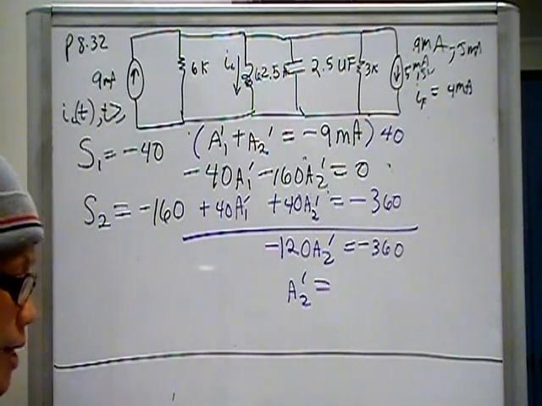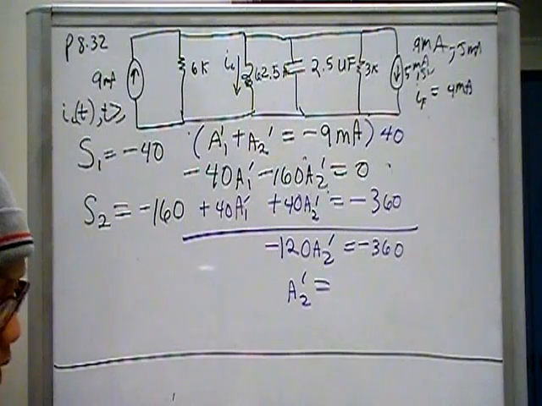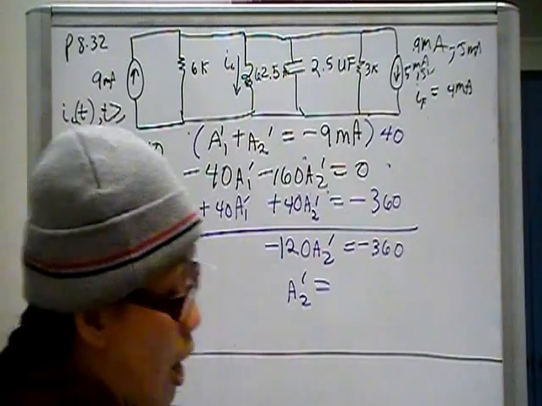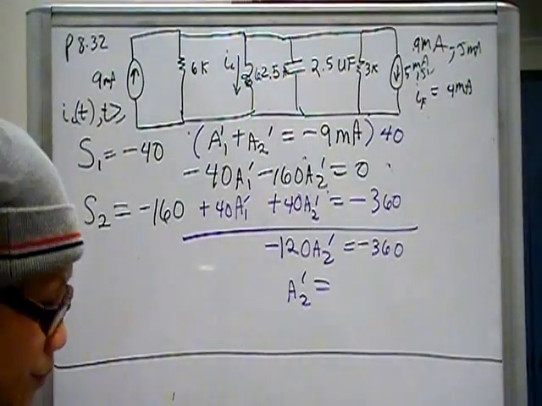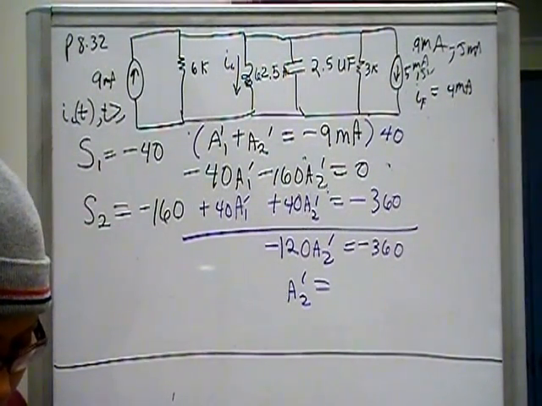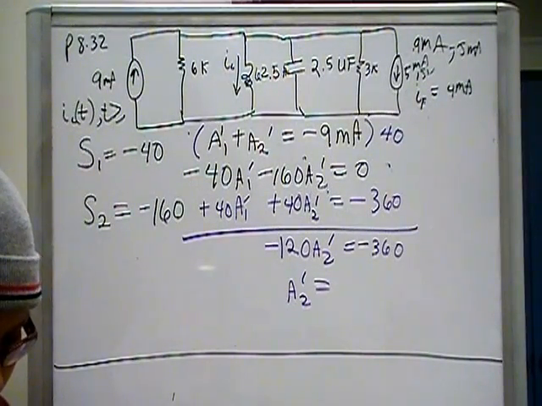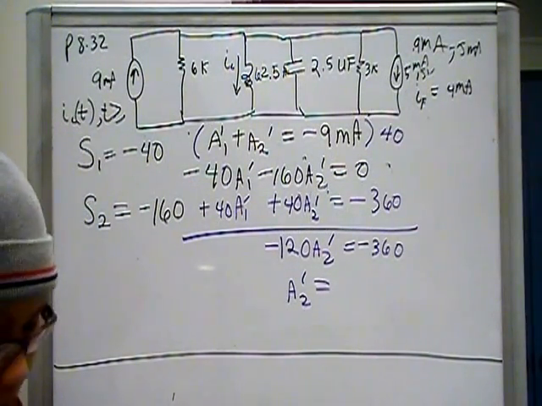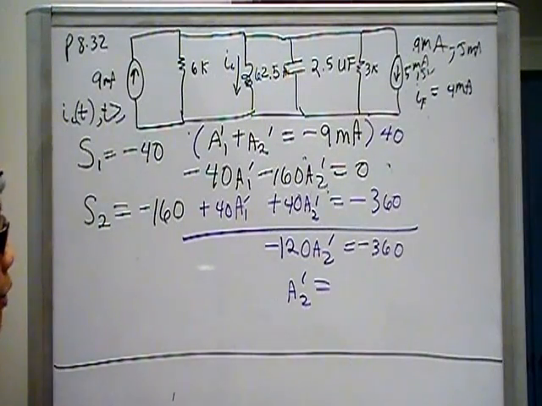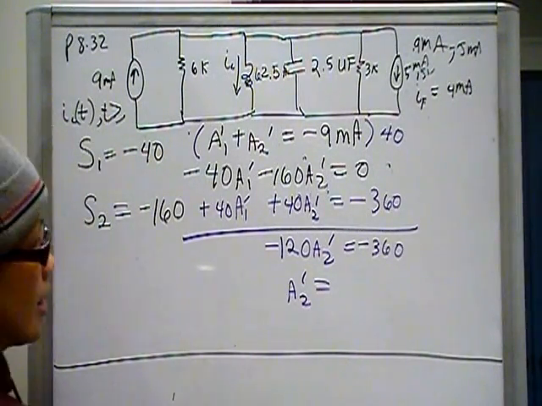But I'm notorious for being completely inept at doing basic math in my head. So I'm not even going to try. You have no idea how many dumb points I've missed on exams just because I can't do basic things like negative 360 divided by negative 120.